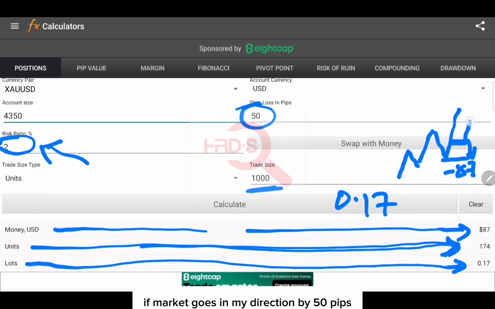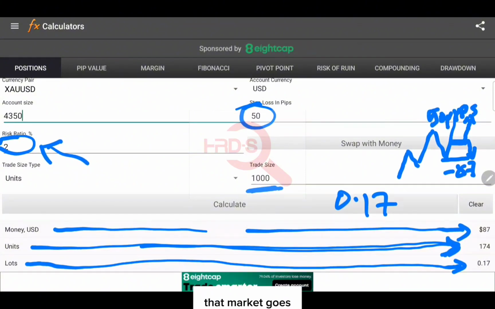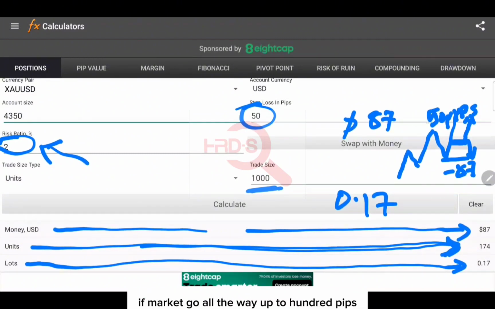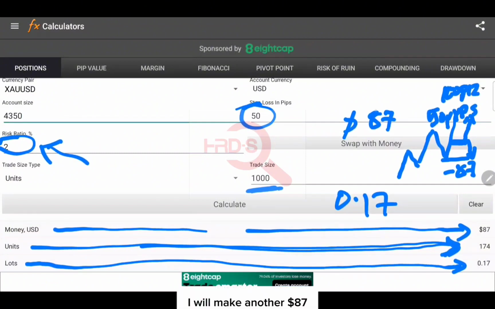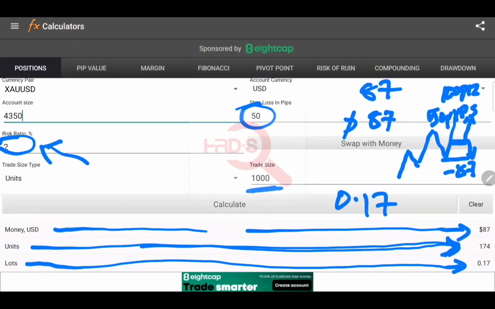If market goes in my direction by 50 pips, every 50 pips that market goes, I will make $87. If market goes all the way up to 100 pips, I will make another $87. That is 87 times 2. Whatever it gives me, that is 4% of my capital is what I will make.